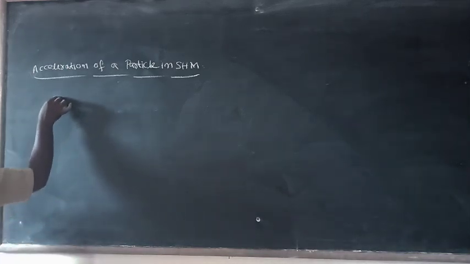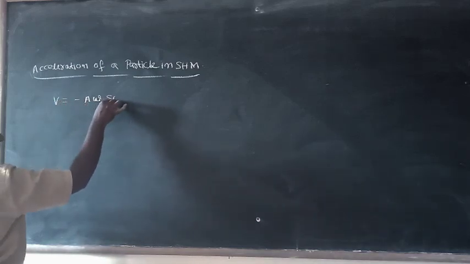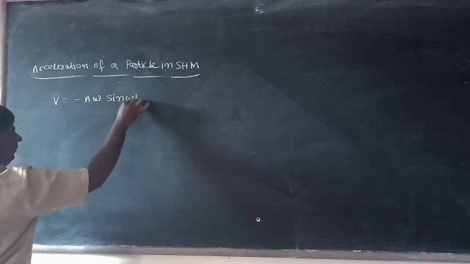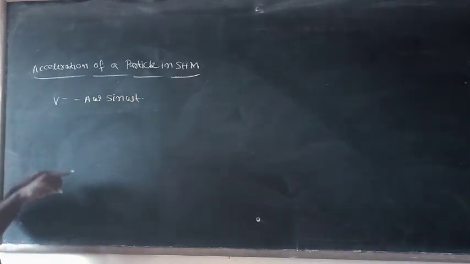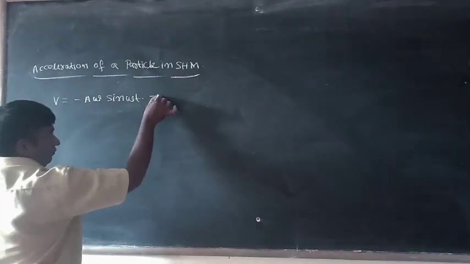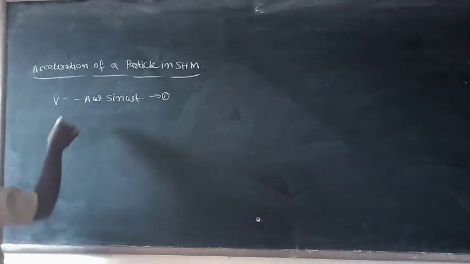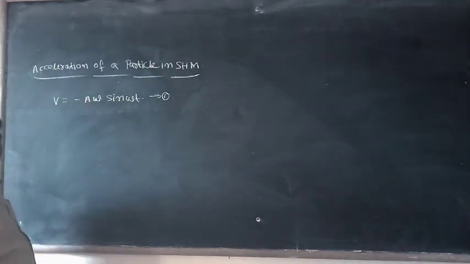Just now we have proved the displacement of a particle and then the velocity, which we proved as v is equal to minus a omega sine omega t. This is the equation which we have proved, and I have put it in a box also. So from equation 1, the velocity of a particle in SHM is v is equal to minus a omega sine omega t.